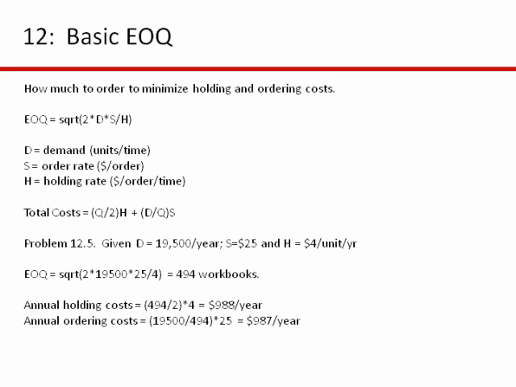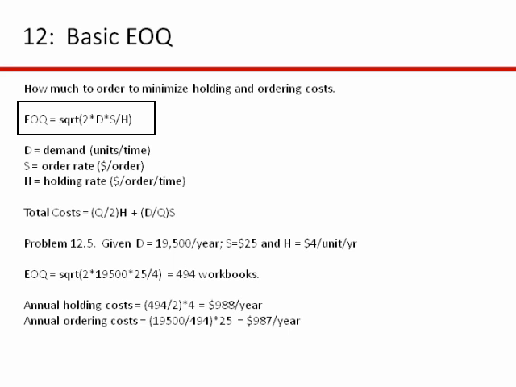Okay, so here we are. I just kind of talked a little bit about this, the EOQ formula, where D is the demand, F is the order cost or ordering rate, and H is the holding rate.